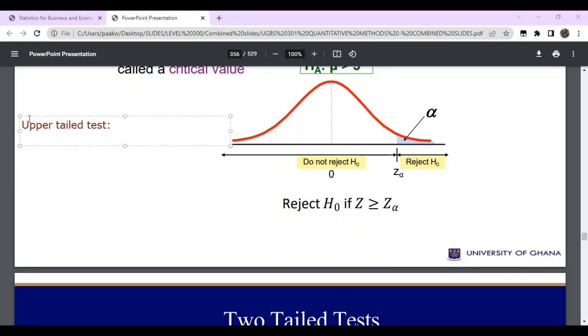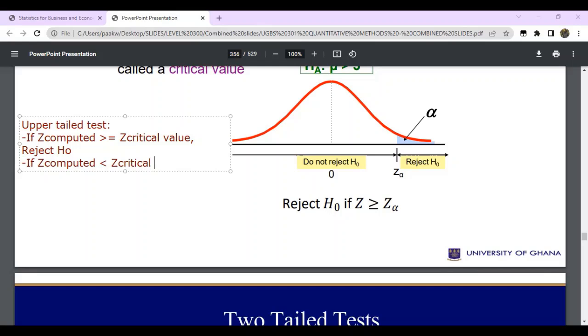With the upper tail test, if Z computed is greater than or equal to the Z critical value, we reject the null hypothesis, and if Z computed is less than the Z critical value, we fail to reject H0.